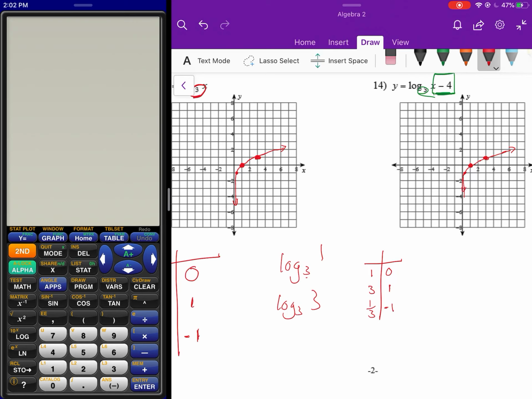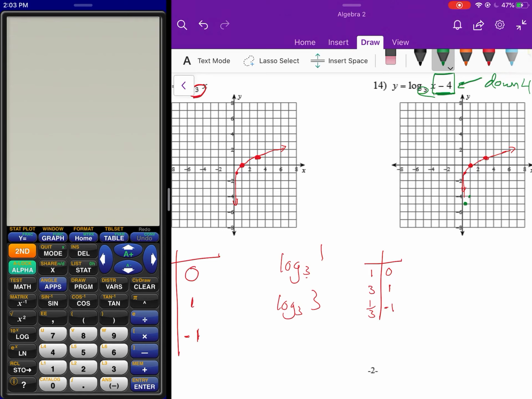Now, that's not my answer. My answer is not log base 3 of x. We have this -4, which is outside the function. So remember, that's going to move it down 4. What we can do is take each of these 3 points that we used for our parent function and move each one down 4. I'll start with the furthest to the left. I'm going to move that down 4. So it's at -1, and it will be down at -5.